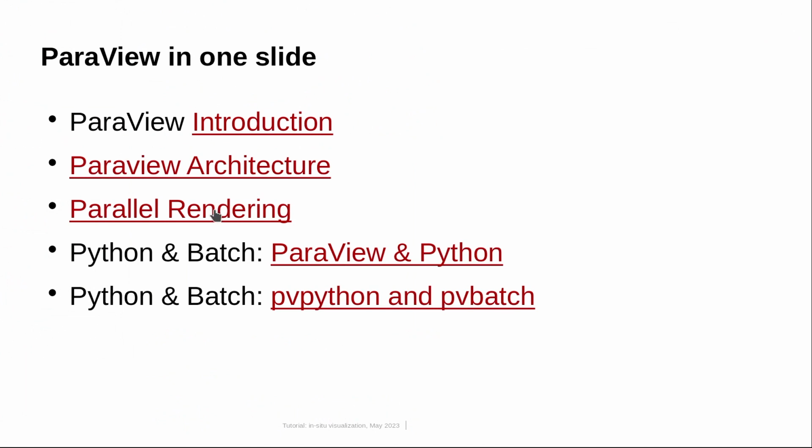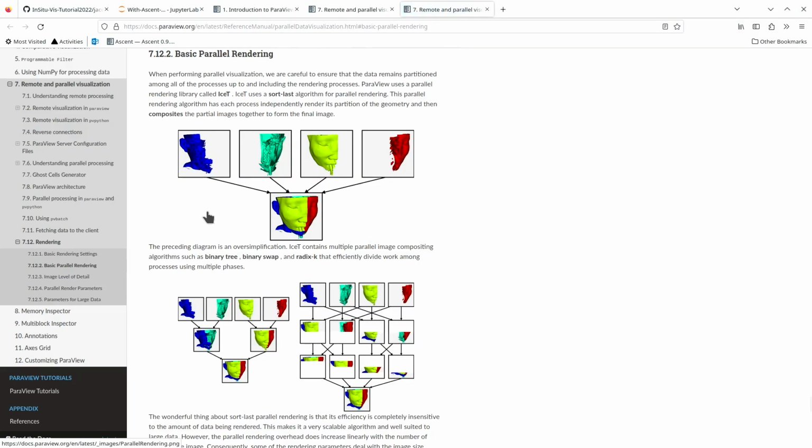When I talked about parallel data server, I also said parallel rendering. How does parallel rendering work? It works exactly like this. Each compute task has a subpart of the data and of the geometry.